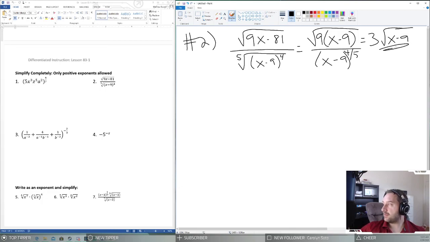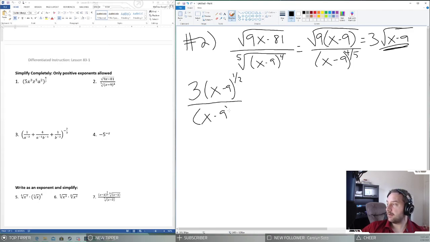And I'm going to rewrite this one here. So I'm going to get 3 times x minus 9. It's a square root, so that's going to be 1/2, over x minus 9 to the 4/5.